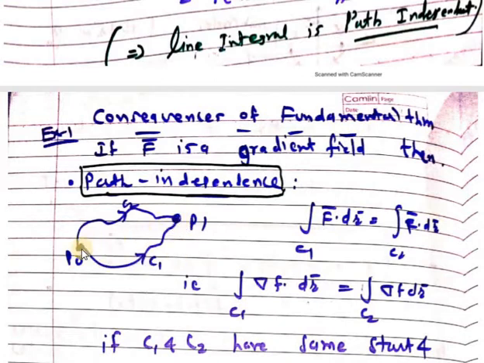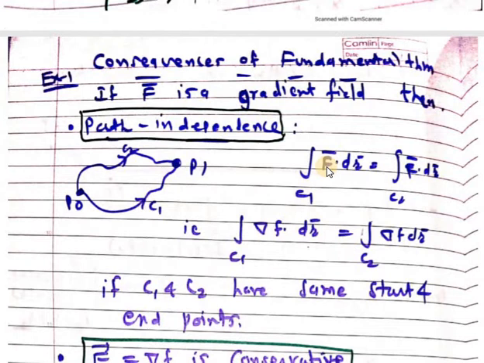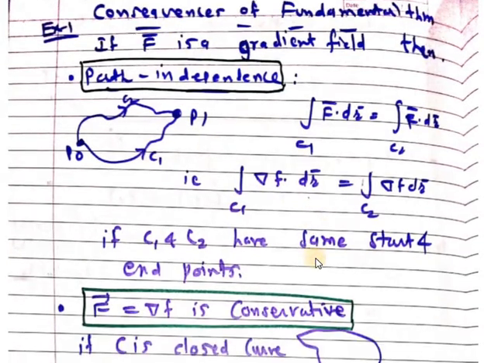To reach p1 from p0, there are two possibilities: along C1 and along C2. When we consider the work done along C1 and along C2, in both cases we get the same work done. That means F can be written as grad f, and if we consider path C1, the work done will be equal to the work done along C2.